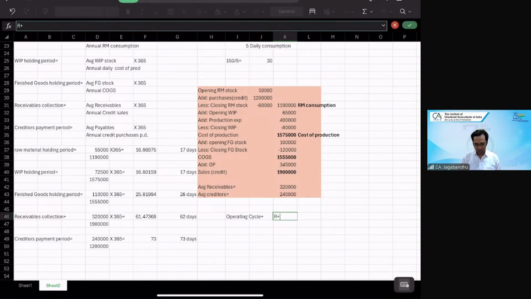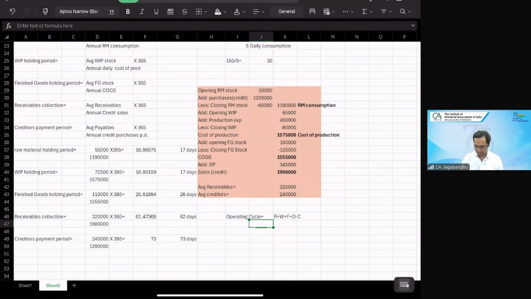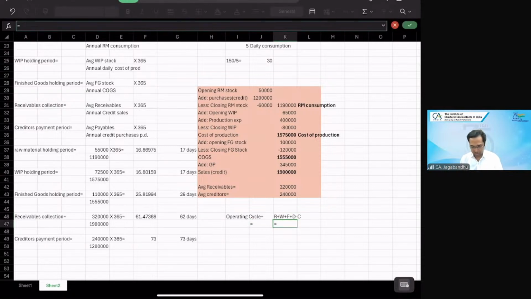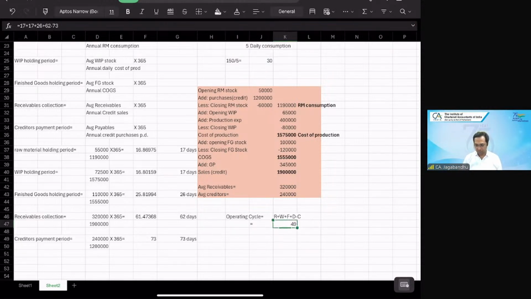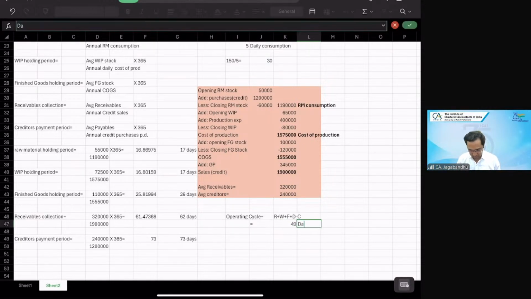Of course, raw material holding period plus WIP conversion period plus finished goods holding period plus debtors collection period minus creditors payment period. So that's going to be 17 plus 17 plus 26 plus 62 minus 73. So that is 49 days.